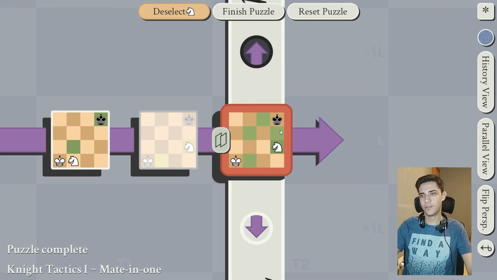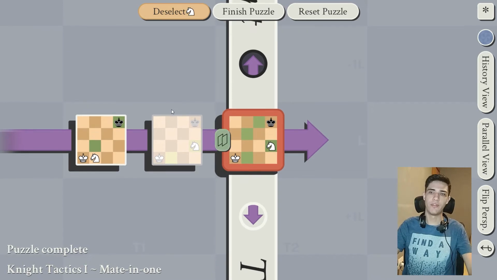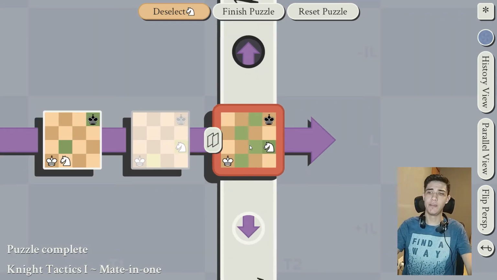So 2 squares up in the second dimension, and 1 square to the left in the time dimension, the fourth dimension. It's basically the same here: 2 squares to the left in the other dimension, and 1 square to the left in the time dimension.